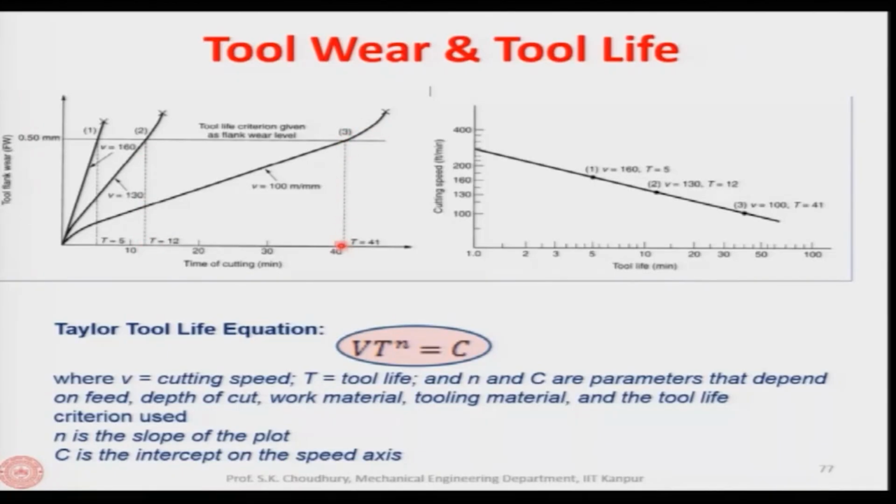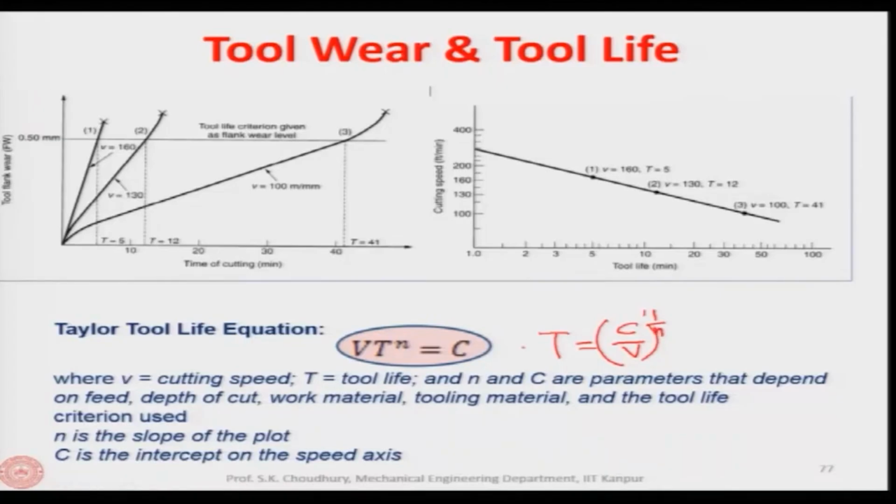So, Taylor's tool life equation describes how the cutting velocity affects the tool life. In this formula it is shown that V t to the power n is equal to constant, and this is popularly known as Taylor's tool life equation, which relates the tool life, T equal to (C by V) to the power 1 by n.